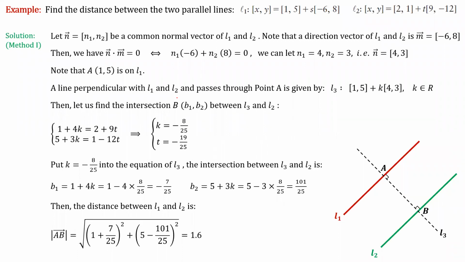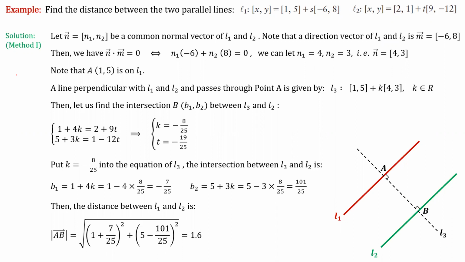Note that point A, 1,5 is on L1, and a line perpendicular with L1 and L2 and passes through point A is given by L3, which is 1,5 plus k times 4,3, where k belongs to the real number set.